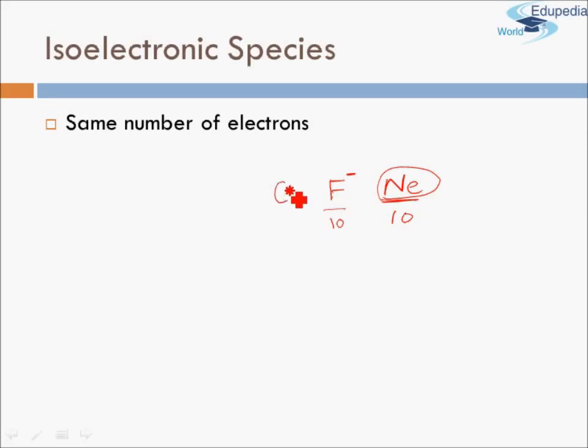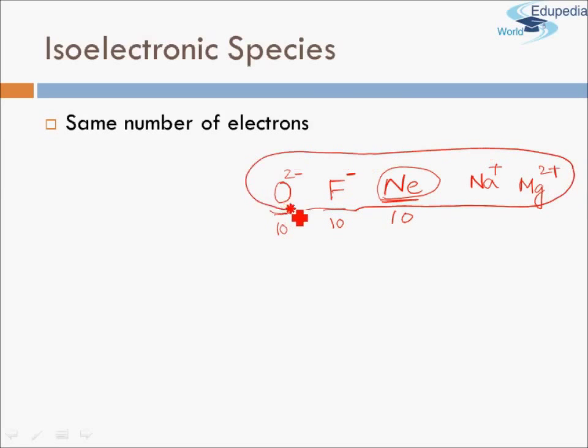Similarly, the neutral oxygen atom acquires 2 electrons to achieve the same number of electrons as in neon, so it again has 10 electrons. Similarly, sodium will lose 1 electron to acquire the noble gas configuration of neon, magnesium will lose 2 electrons, and aluminium will lose 3 electrons. So all these species will have a total of 10 electrons in them. All these are isoelectronic to one another.